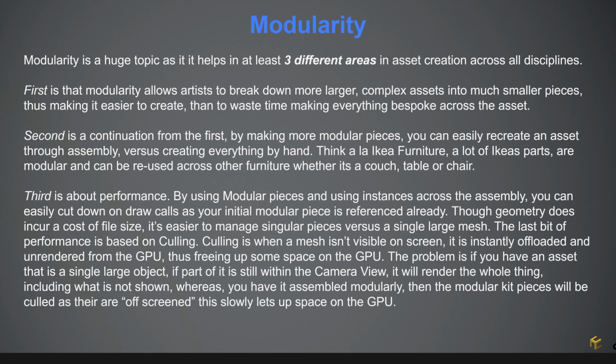Now, the third is performance, and we talked a little bit about it before with VRAM and GPU cost. The idea is that draw calls, which are part of the GPU, are going to be a lot lower because instead of making a bunch of uniquely made assets that each have to be drawn once, you can make a window, wall, door, whatever piece you want to call them.